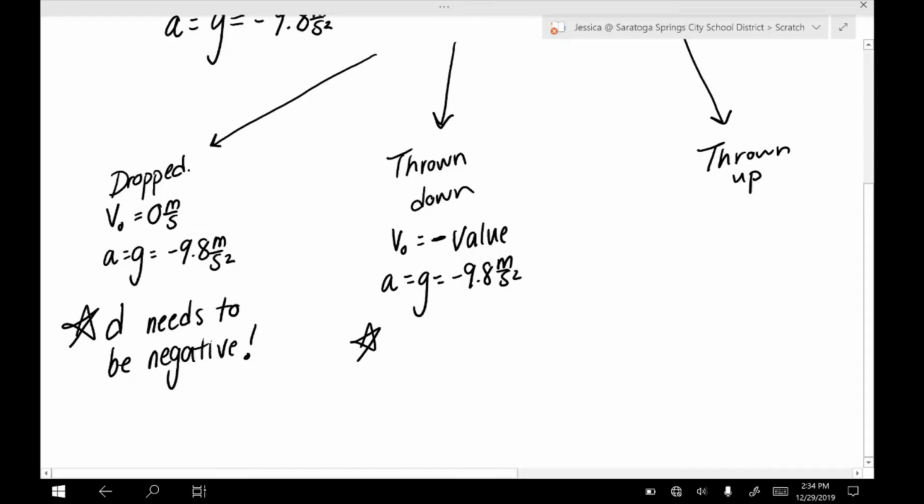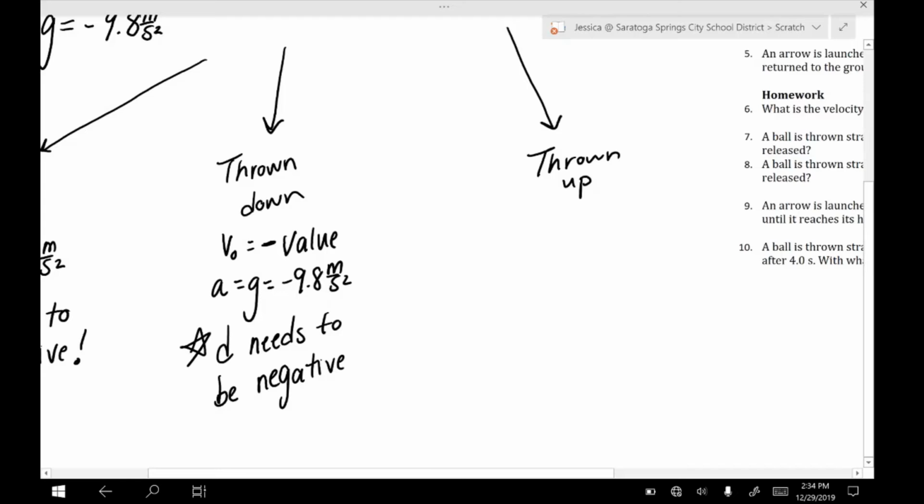And again, same thing here, since we're traveling downward, d needs to be negative. So the first two here are pretty similar. We have acceleration that's negative, we have a negative displacement. Objects are moving downwards.